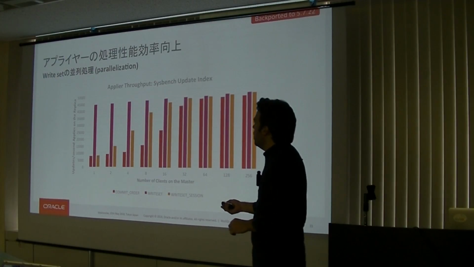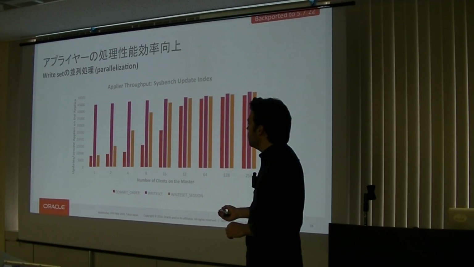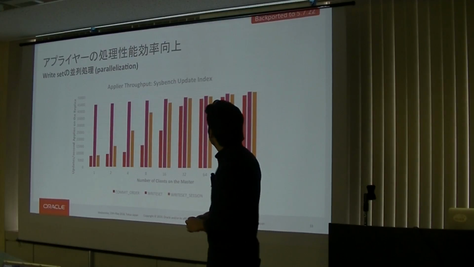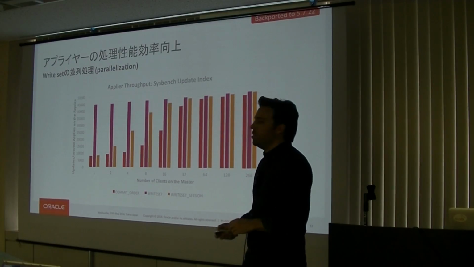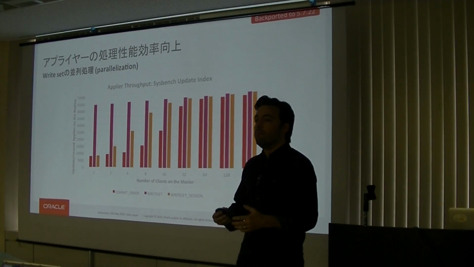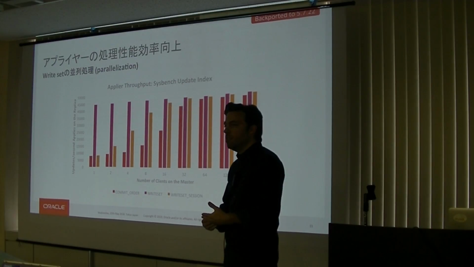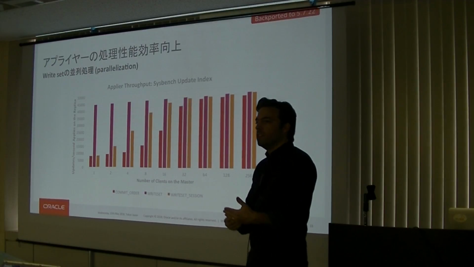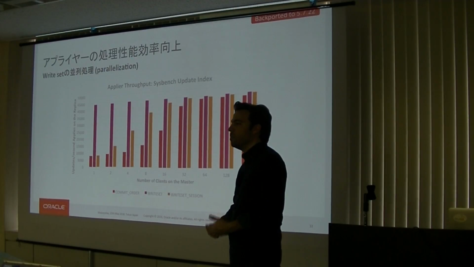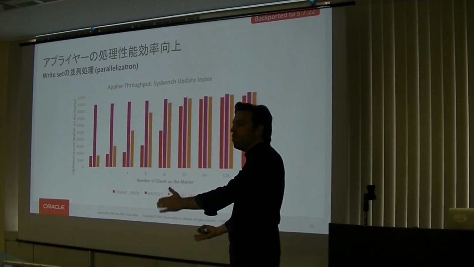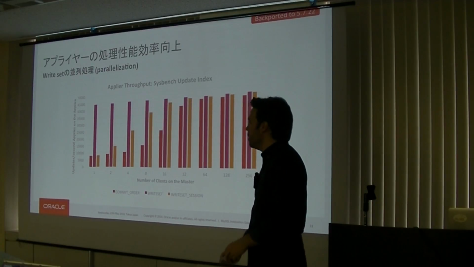And in MySQL 8, we introduced this write-set-based parallelization. So it's a much more efficient way to track dependencies between transactions, and then using this dependency tracking mechanism, being able to apply more transactions in parallel on the slave.